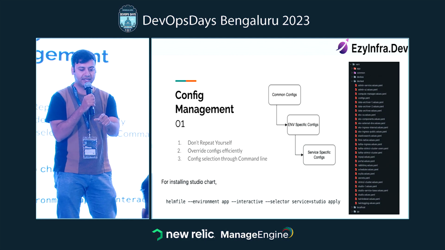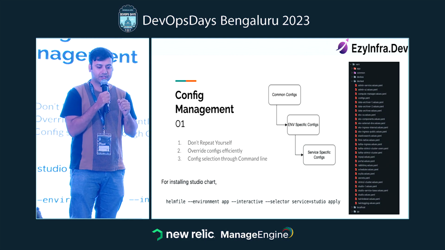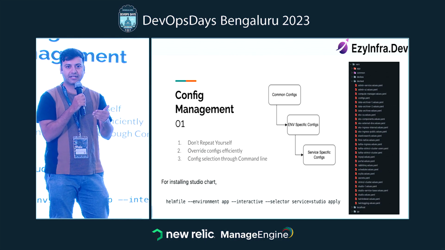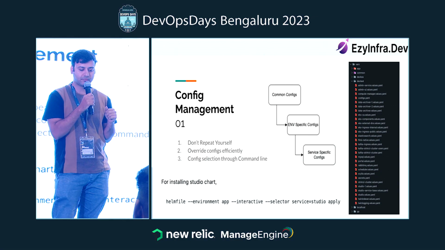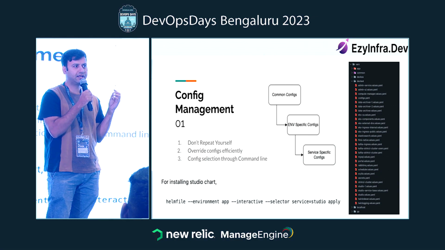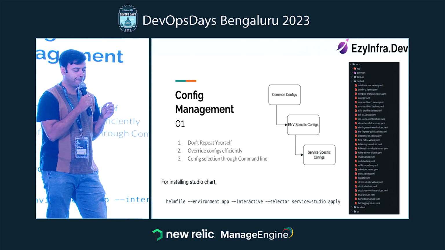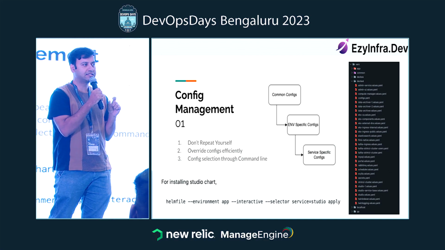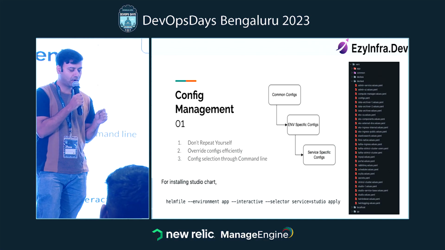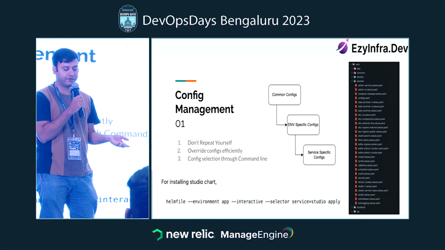On the right side, I've given a sample of what we have. You can see for each environment there is a variable folder, and that's where all the configurations go. If a service doesn't need any specific configuration, we don't even have a file here. And the beauty is that all of this is passed as a command line parameter. I've given the command here; this is the actual command which we use.